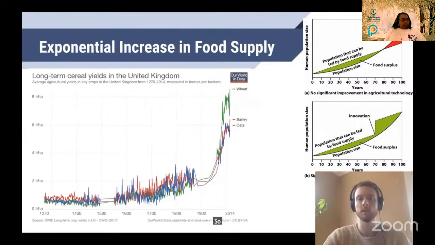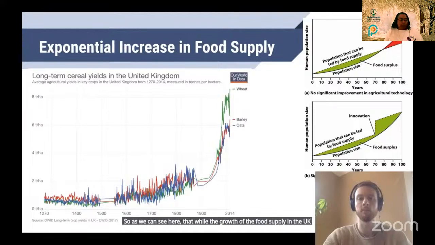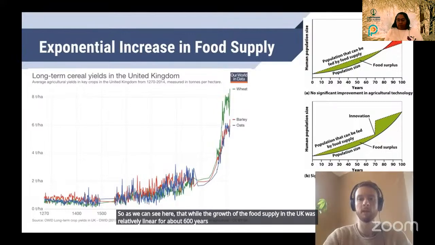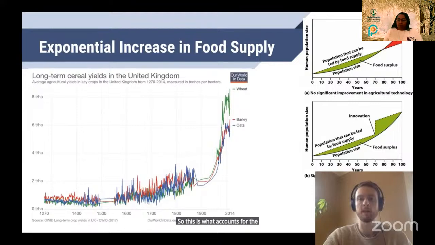As we can see here, while the growth of the food supply in the UK was relatively linear for about 600 years, there was a dramatic and exponential increase in the 20th century following the invention of synthetic fertilizers. This is what accounts for the dramatic increase in food production that Malthus failed to account for.